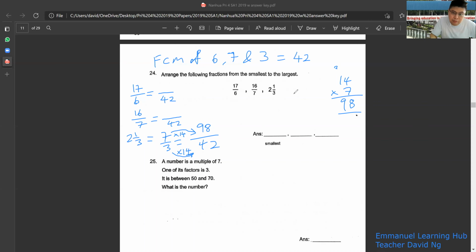And this one is? 98/42. 16 over 7 is how many over 42? 7 times... 7 times 3. 7 times how many is 42? Just like how I gave you the answer.